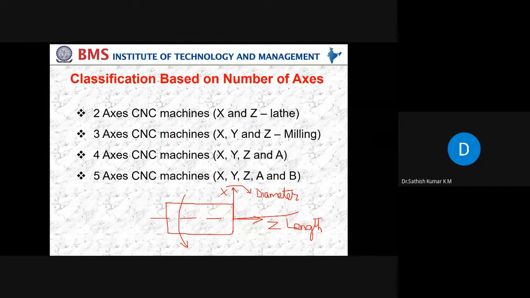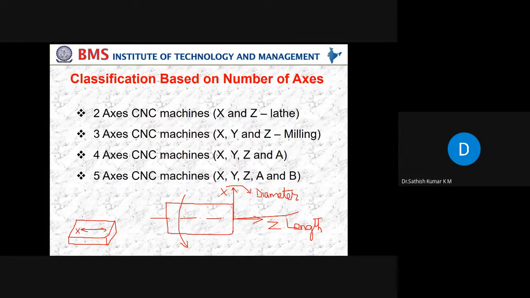Then we have milling. What is milling? Just observe, just assume this is the work part. Now this movement, right and left, is called X. Please understand, this is called X. This is applicable to milling.